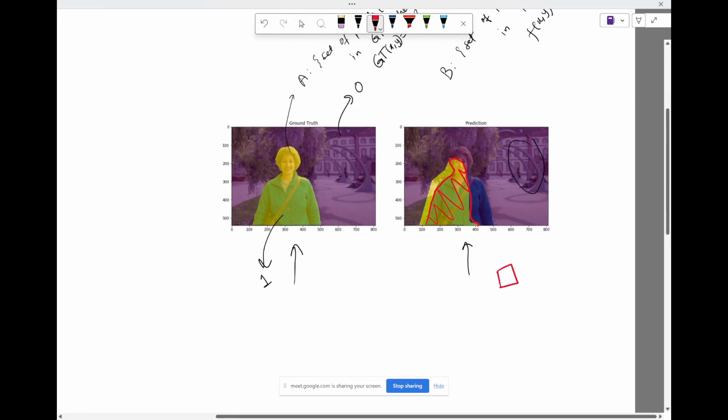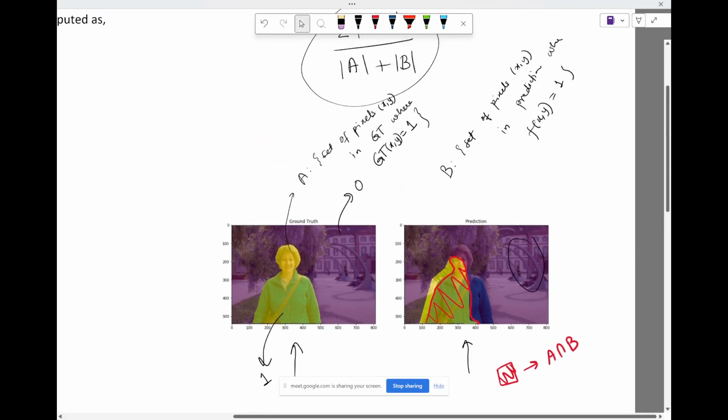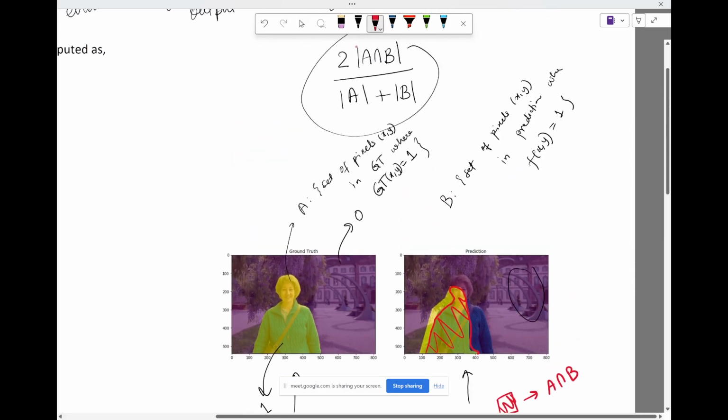So the red region is A intersection B. So we want to count the number of pixels in A intersection B, twice that, divided by the number of pixels in the whole region in ground truth, that is the cardinality of the set A, and the number of pixels in the predicted region, which is predicted as 1, that is the cardinality of the set B.